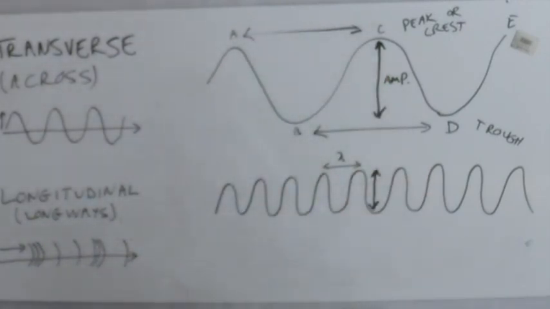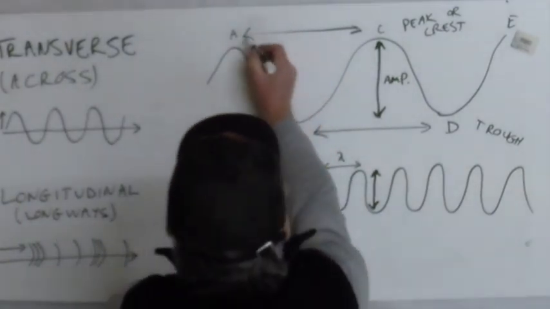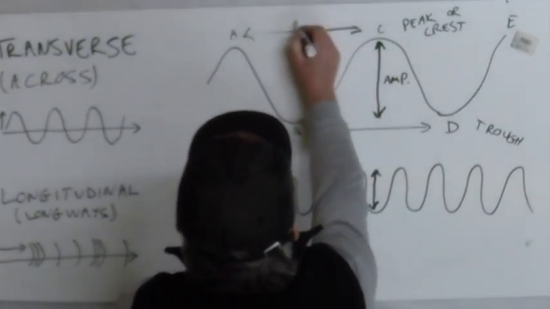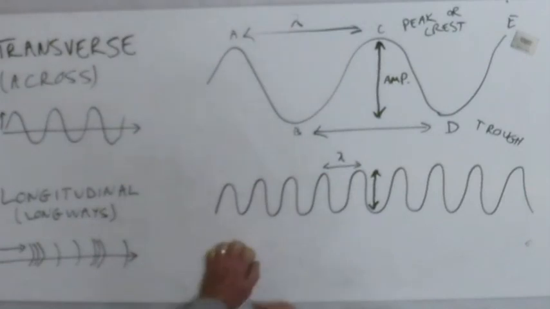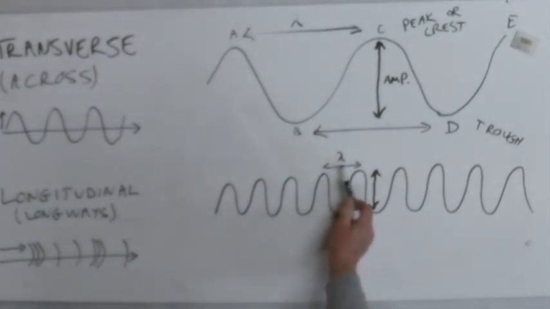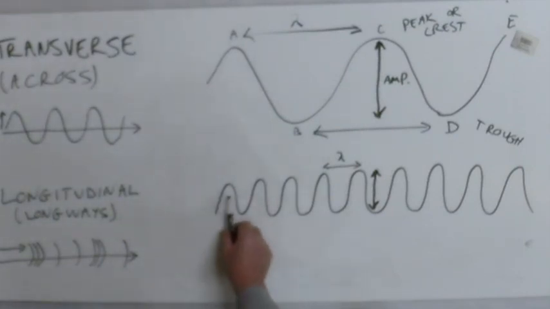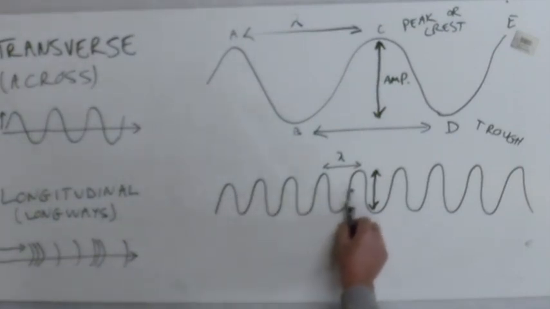And so in our lab, you're going to be measuring this distance, the wavelength, lambda. You're going to measure that distance with some different demonstrations of the Slinky. You're also going to count how many waves have gone by.